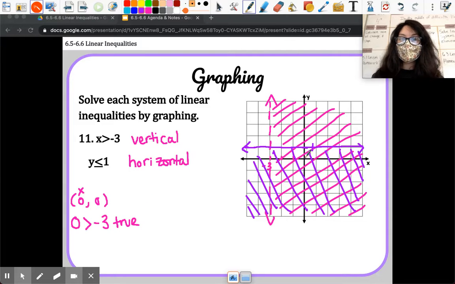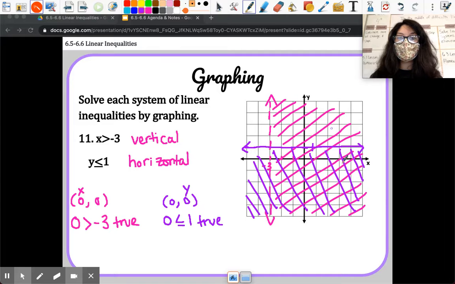But again, if I was to use that same ordered pair 0, 0 and do it using a test point, the only value that I need to substitute for is the y value. So I can ignore this x value, and I just substitute: 0 is less than or equal to 1. Well, they're not equal, but 0 is less than 1, so this is still a true inequality. So I would shade this entire half plane that contained that test point, including this bit over here.